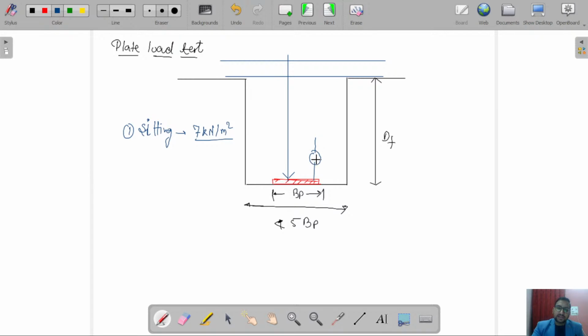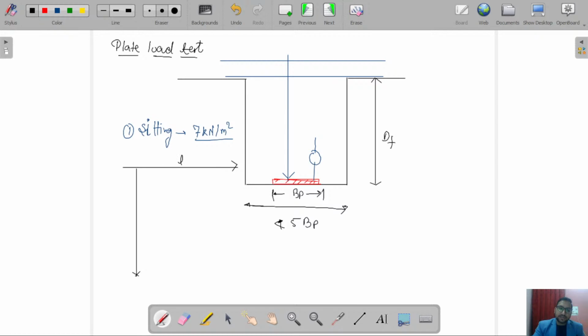After that, the dial gauge readings are set to 0, and then the actual test starts. We apply load over this plate and measure the settlement we get. So for different loading we get settlement values.